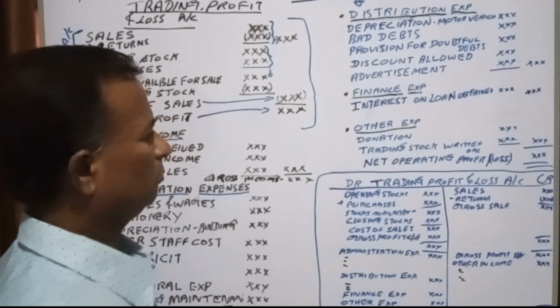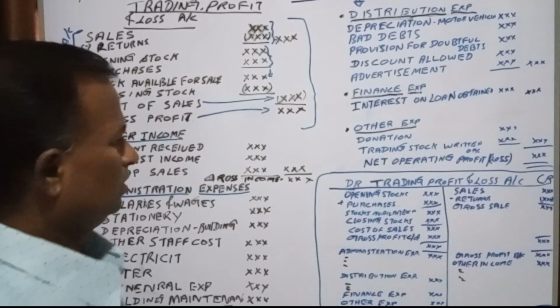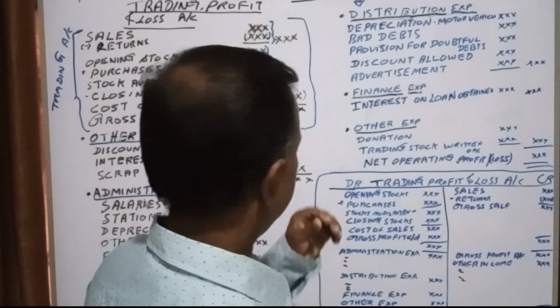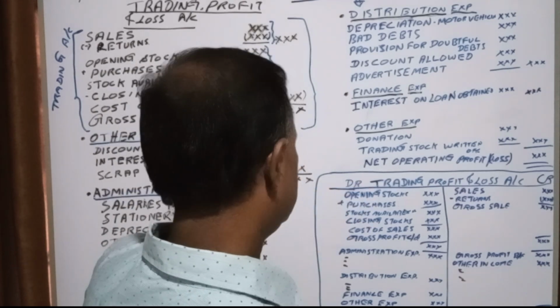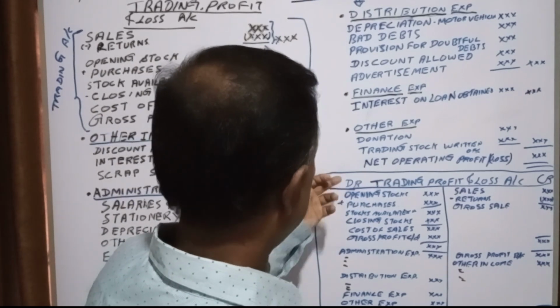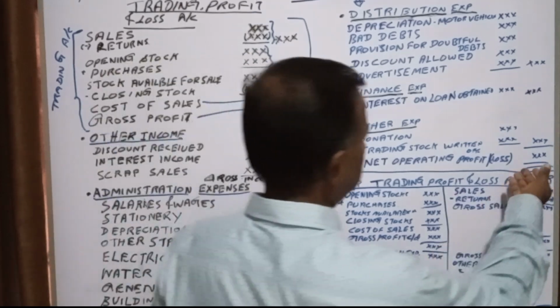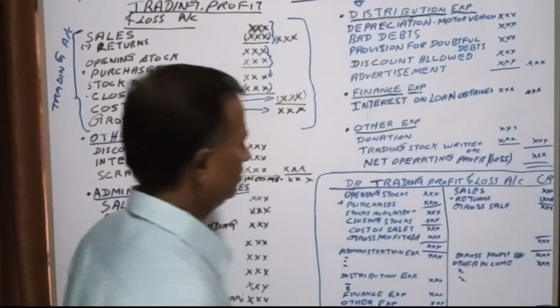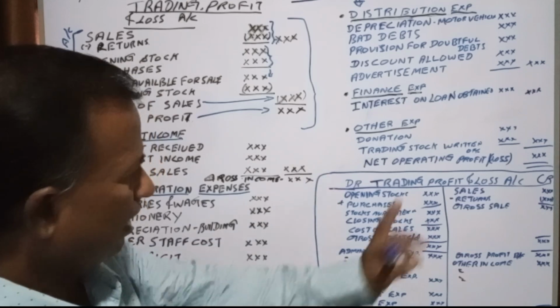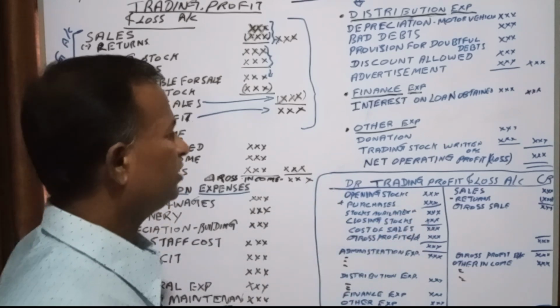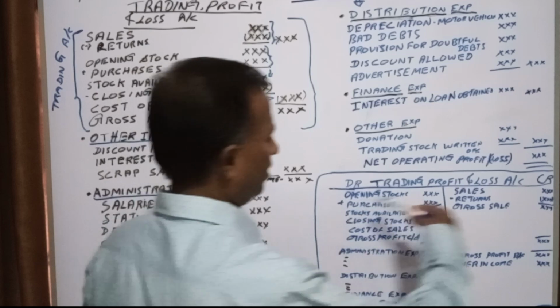This is trading profit and loss account. Right? From here, we cannot say this side is debit and this side is credit. DR and CR, that I have mentioned there. This is a T account.